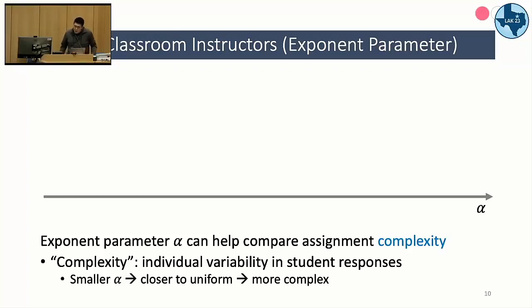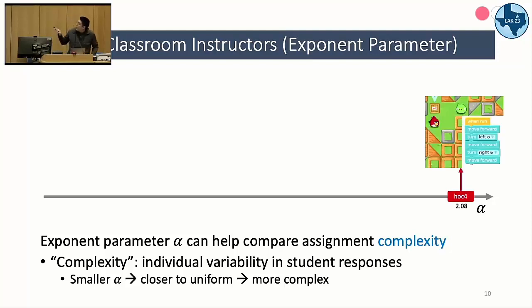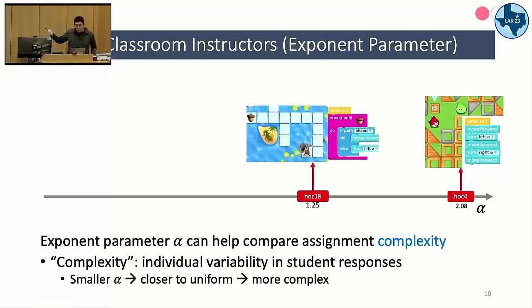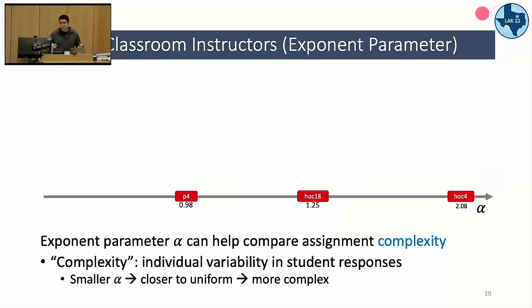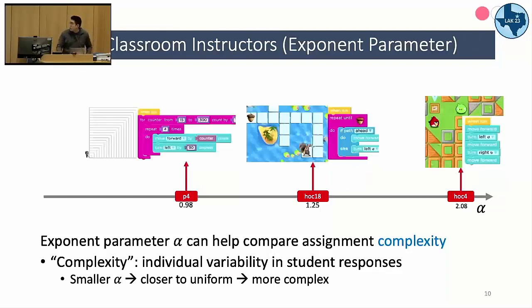So for instance, in the realm of block-based programming, this assignment is much simpler than that assignment, which includes slightly more complex programming constructs, which is even simpler than that assignment, which includes nested for loops and variables and much more complex constructs.